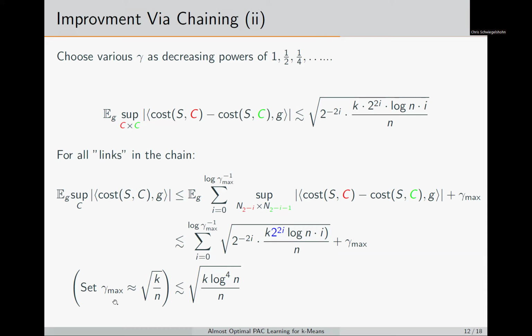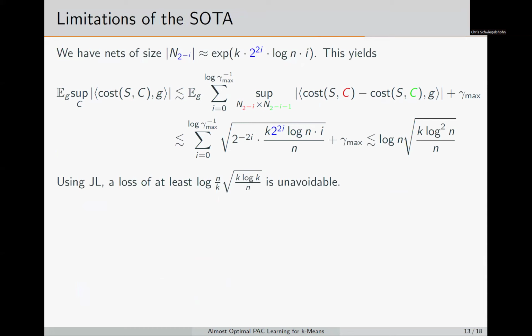You now set gamma appropriately, and in this case, we end up at a bound that is of the order of square root k log to the 4 n over n, which recovers the result by Pfefferman, Mitter, and Narayanan.